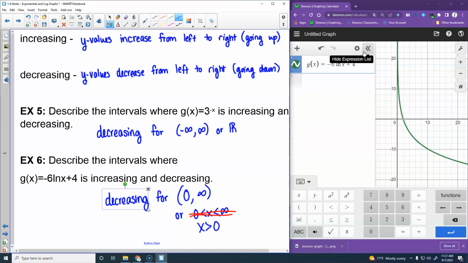As long as we are still decreasing, it doesn't matter if it's positive or negative. If they had asked us for where it was positive, we would do 0 to 2. Or if they had said where it's positive and decreasing, they might ask you for 2 things about the graph. It'd have to be 0 to 2. But if it just says decreasing, it doesn't matter if it's above or below the x-axis. Okay. All right. Other questions?